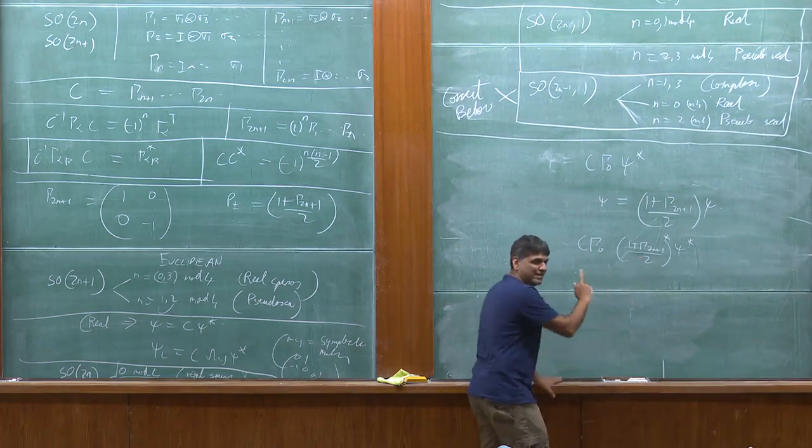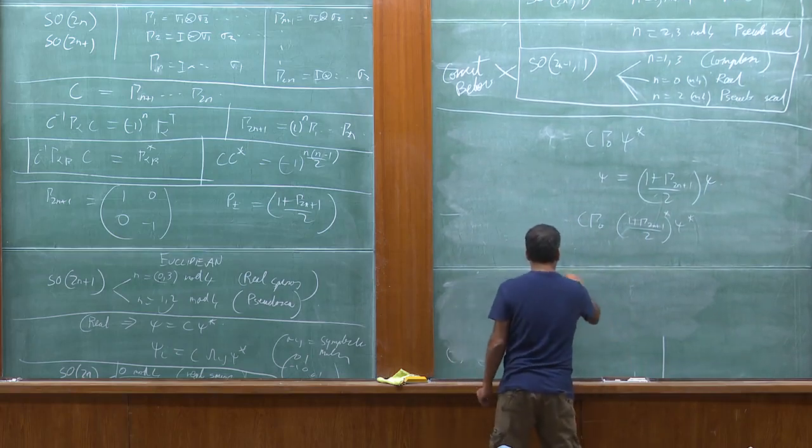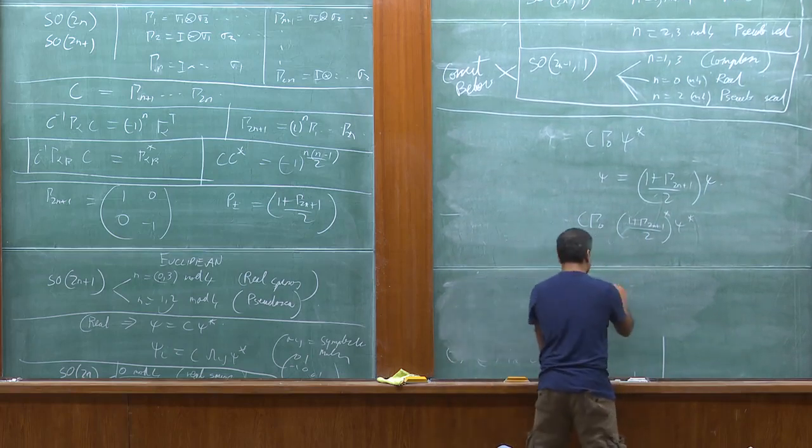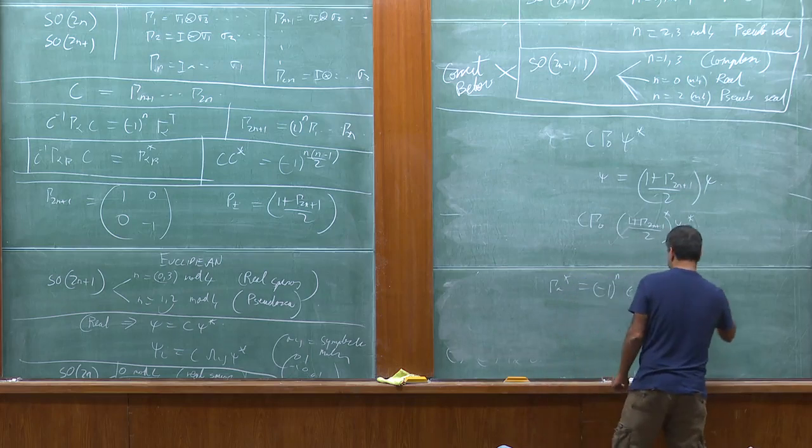Hang on for a minute, let me just write this down. We had gamma alpha star equal to, can somebody remember, minus 1 to the power n, C gamma 0 gamma alpha gamma 0 C inverse.